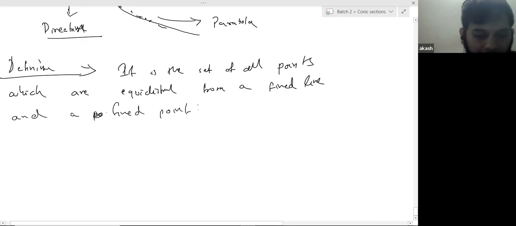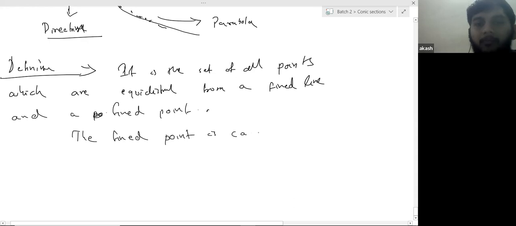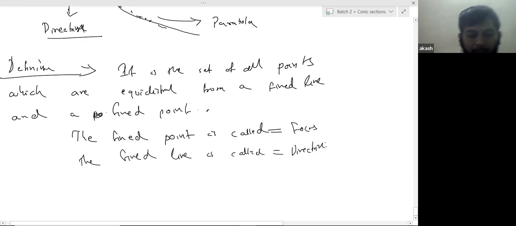The fixed point is called the focus. The fixed line is called the directrix. Write it down.